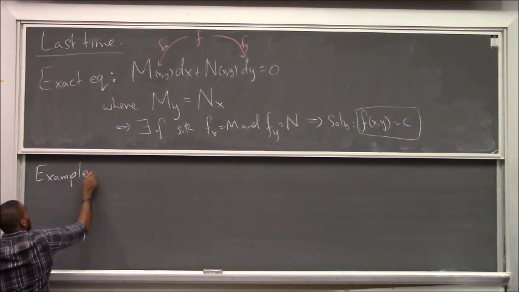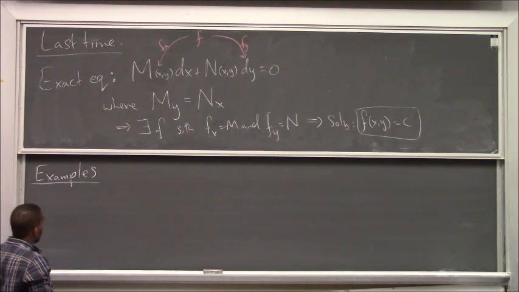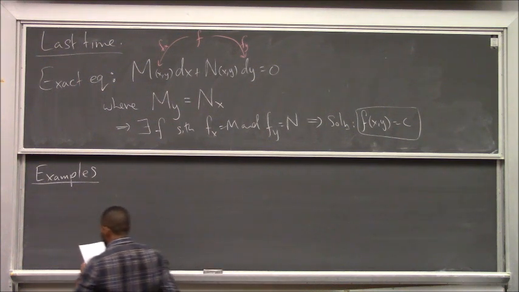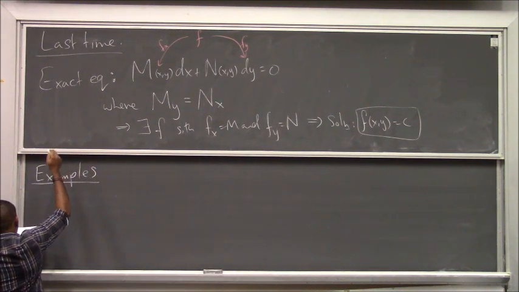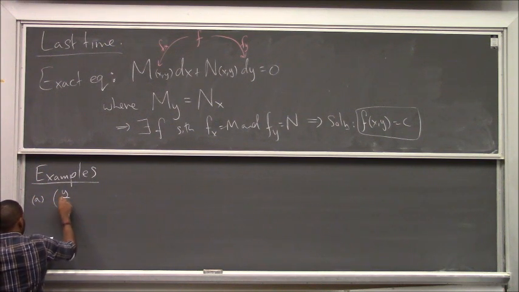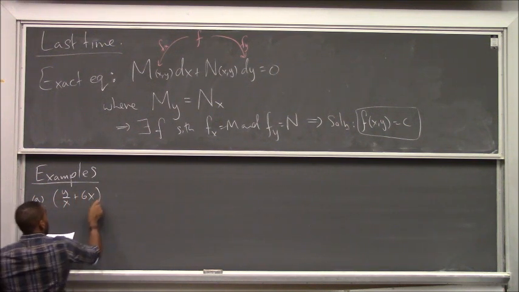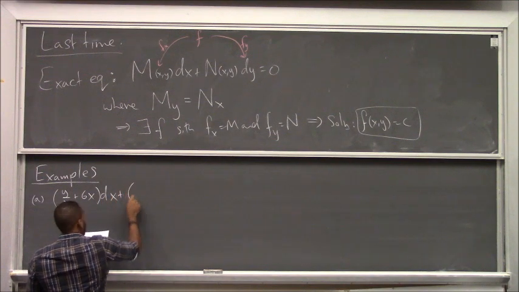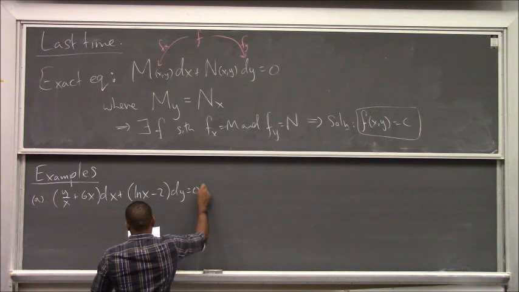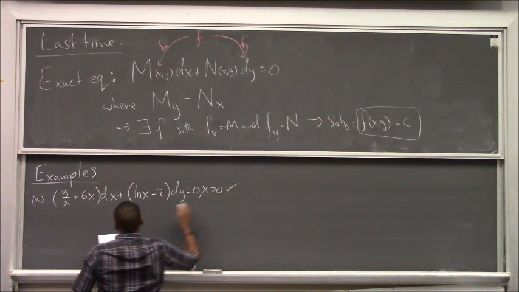So let's try to salvage today by running through the rest of the examples and seeing what we can learn from them. We already did one in class. That was done.